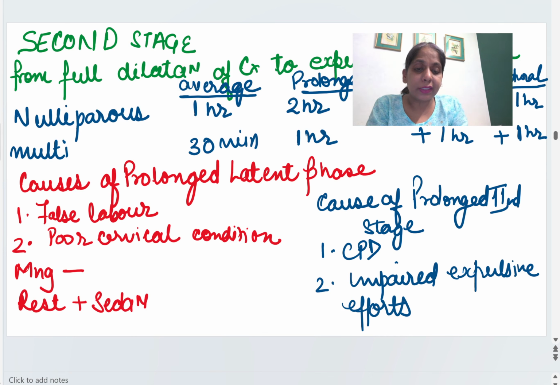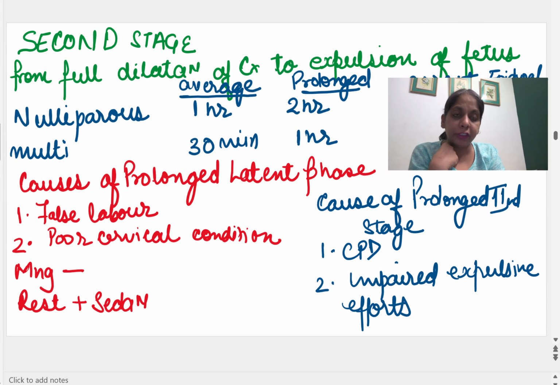Now let us see what is second stage. Second stage means after full dilatation of the cervix to expulsion of the fetus.